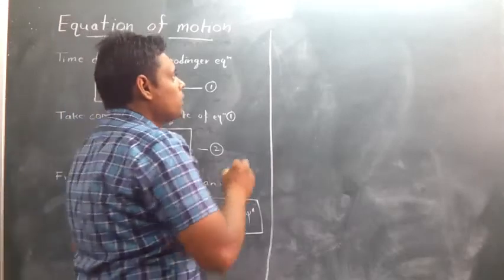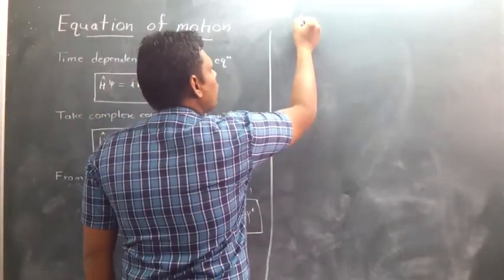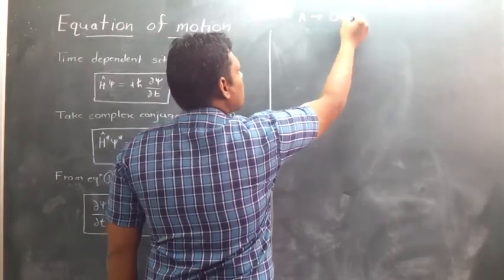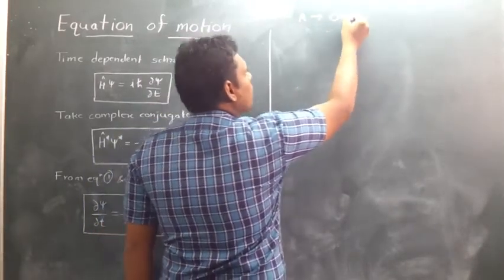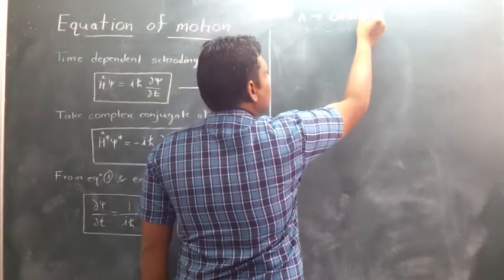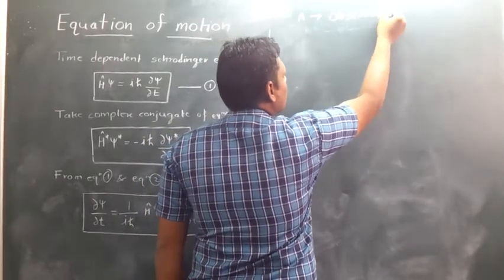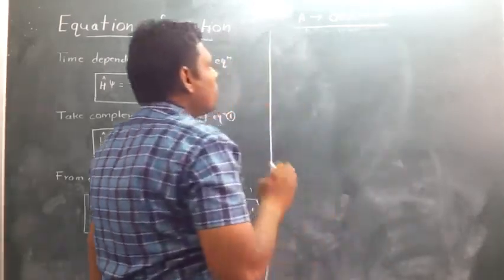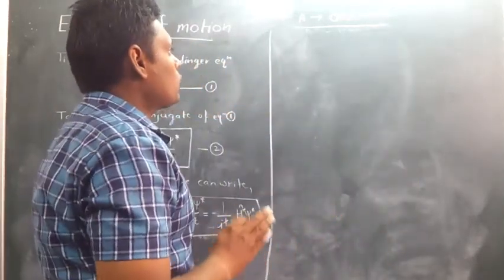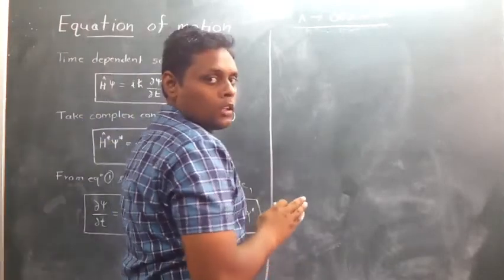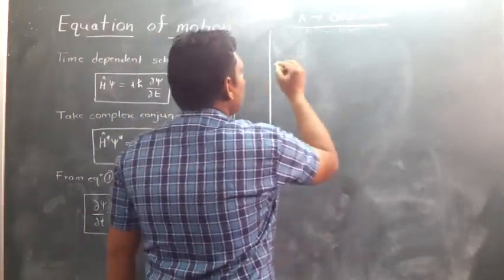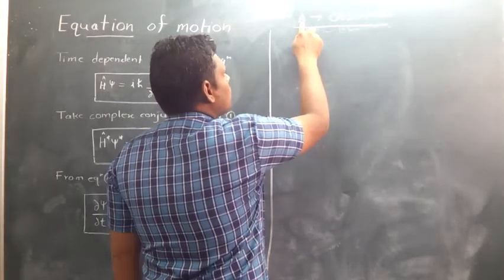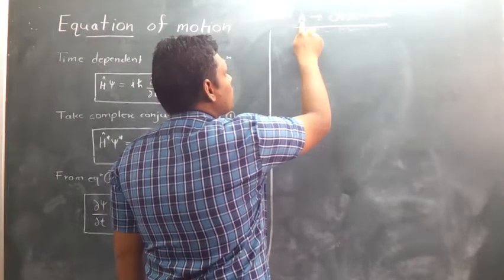What is an observable? An observable is that quantity which we can measure. So here I am going to take the expectation value of this observable.